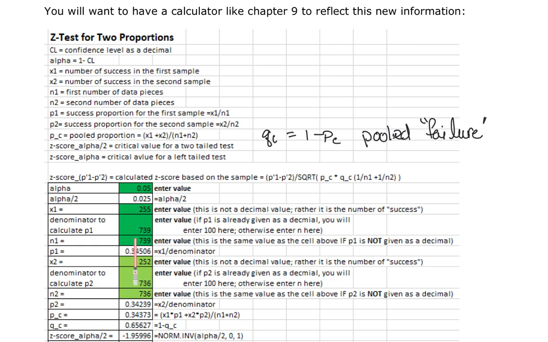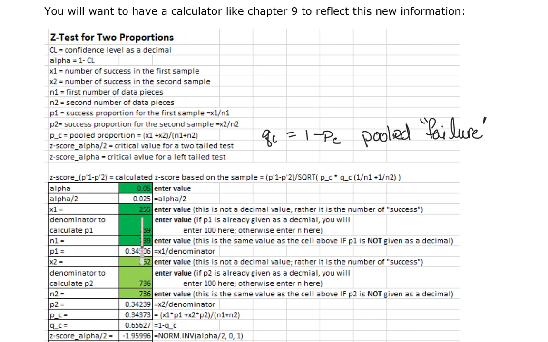Now, why do I have the denominator of P1? Sometimes they're going to give me a percent. So they'll say 50%, and I'd put a 50 here and then 100. And this may not be 100, it may be, say, 72 pieces of data. This helps me do any kind of conversion in which I may or may not have a decimal.